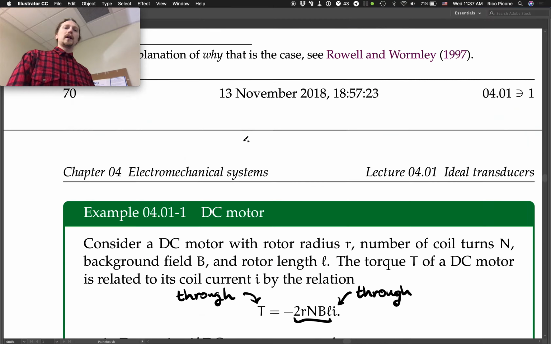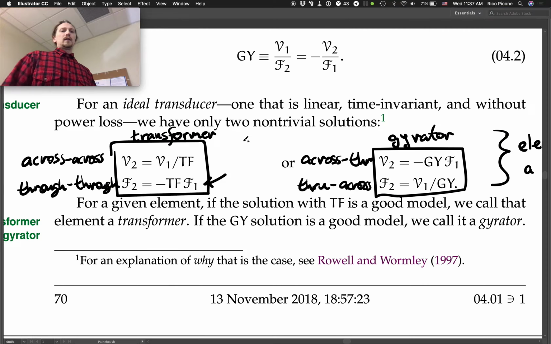Since we know it's a transformer, it has a relationship between those two across variables, and since we already have TF, we know what that relationship is.